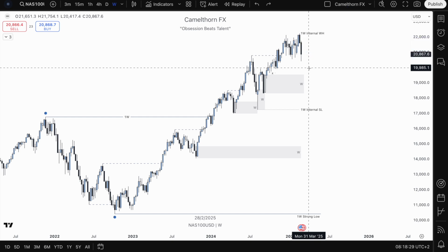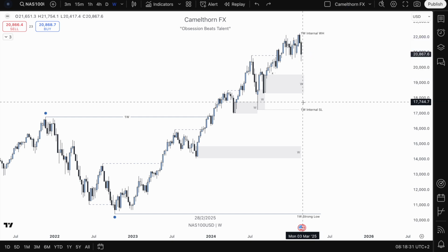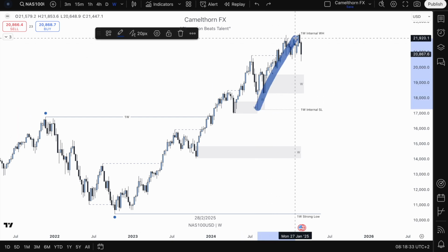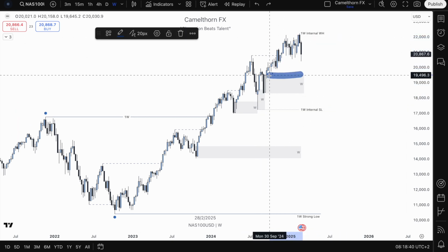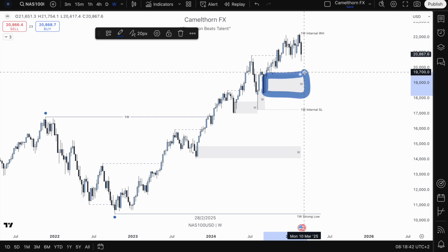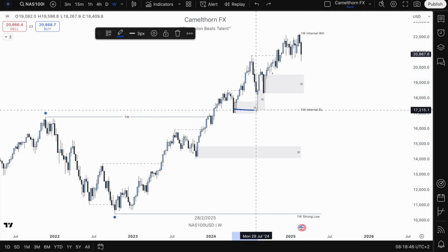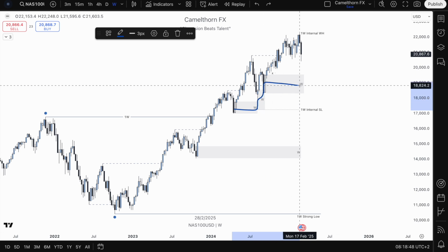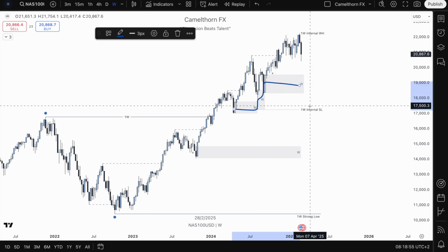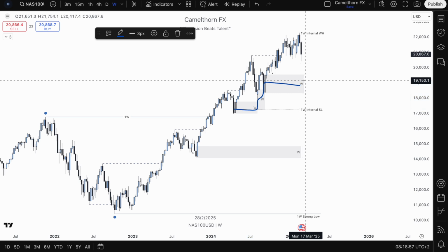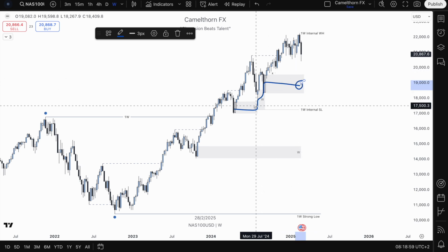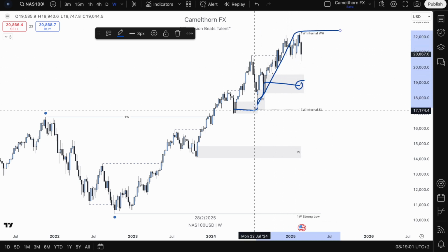The main area of interest for me in terms of this internal weekly range is going to be this weekly demand zone here. This weekly demand zone forms part of a weekly demand chain. And as you'll see in a minute, when we drop down to our daily time frame, it is a POI that is well priced within this weekly internal range.